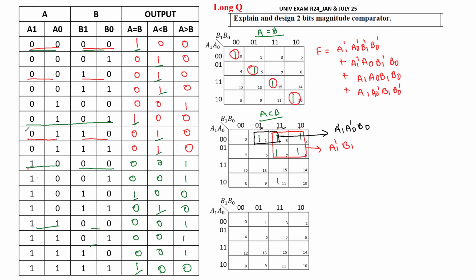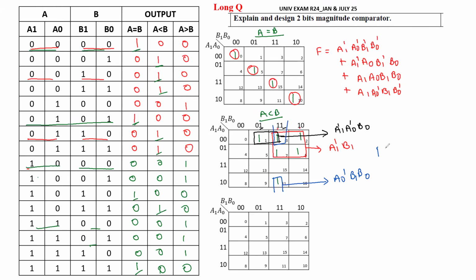Now one more is left. So for that, you can use either isolate or better you can use the symmetricity for one also we can use here. So that is going to be here. Row-wise, what is the common in both? That is the A0 dash. Column-wise, B1, B0.